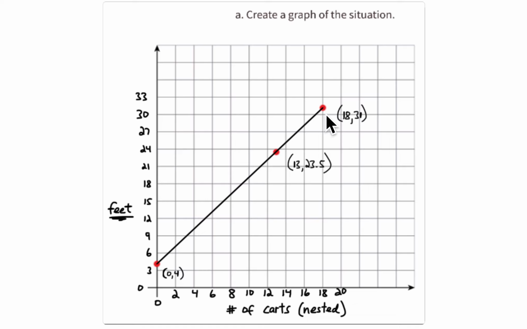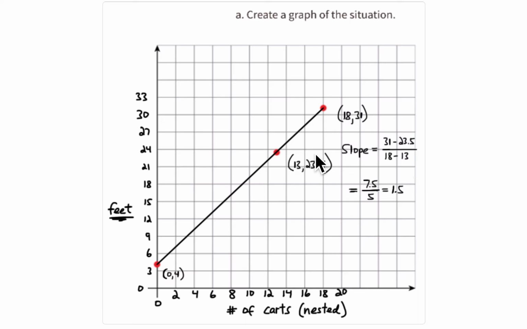So that point, 31 feet, is right here. Notice these are 3 feet each: 0, 3, 6, 9, 12. So you have to realize that this is 1/3 of the way. 31, 32, 33. And 23.5, this is 21, 22, 23. You have to go up a little bit more to imagine where 23.5 is.